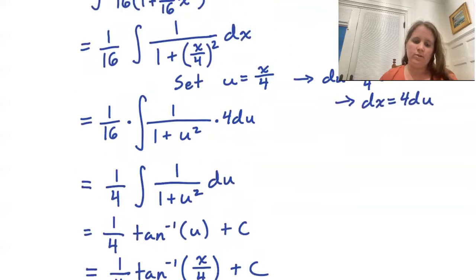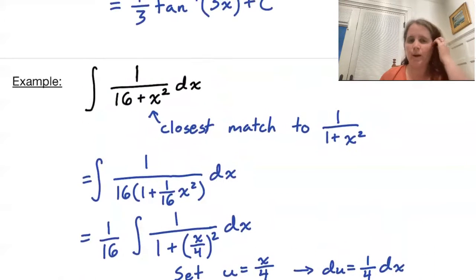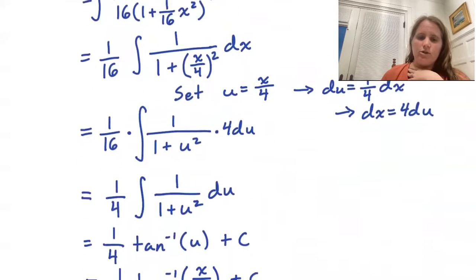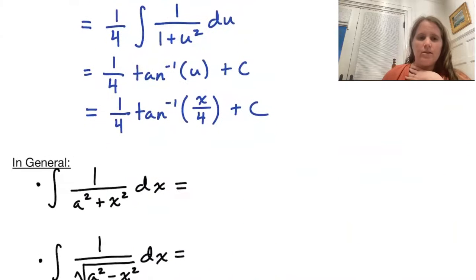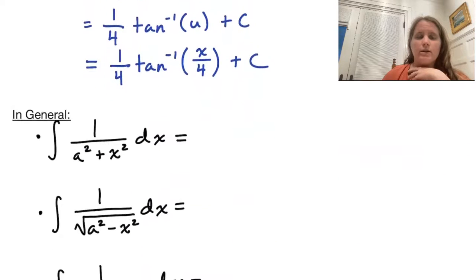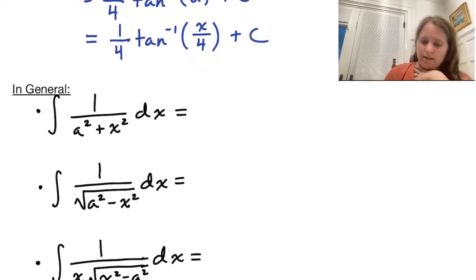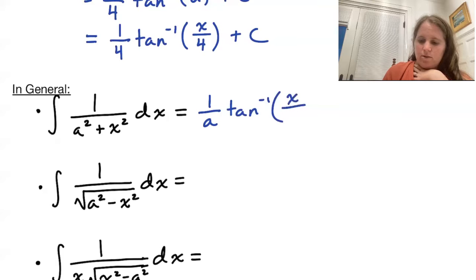So this started off sort of in the format 1 over something squared plus x squared dx. It turns out we get a general rule for things of that format. If we want to take the integral of 1 over a squared plus x squared dx, this winds up simply being 1 over a times tan inverse of x over a plus c.